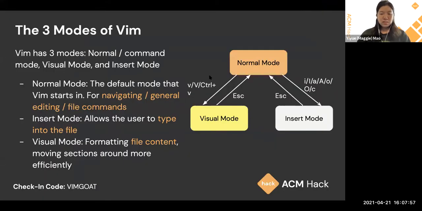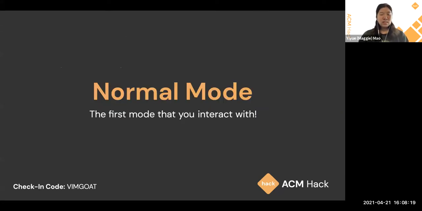This is a diagram demonstrating how to navigate between the three modes. In order to get into insert mode or visual mode, you need to be in normal mode. To go back to normal mode from either of these modes, you can simply press escape. Some descriptions over here: visual mode can help you move sections around more efficiently. Right now, let's delve into normal mode, which is the first mode that you will interact with before entering insert mode.